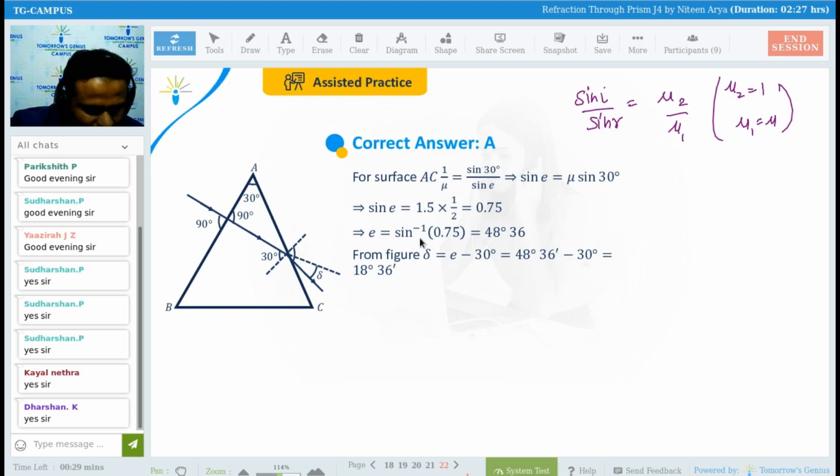So if I subtract the angle of incidence from the angle of emergence, this is what you need to do, and that is why sin 0.75 is given.